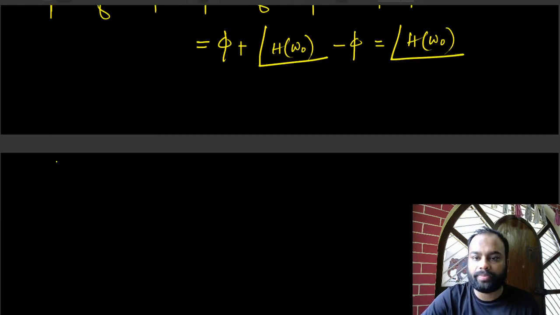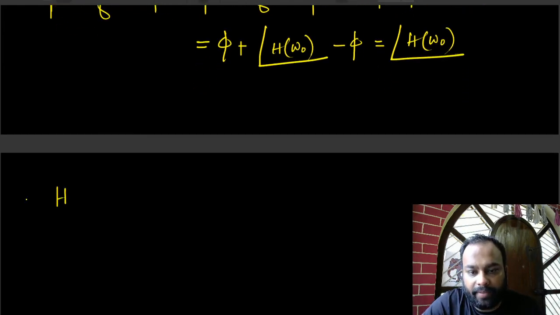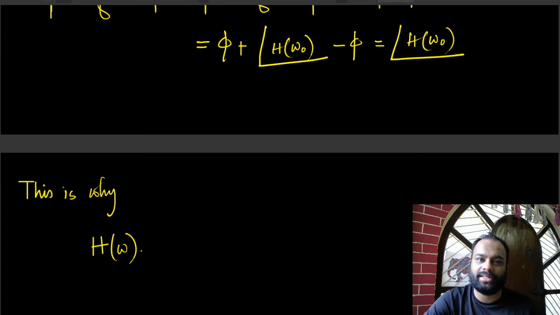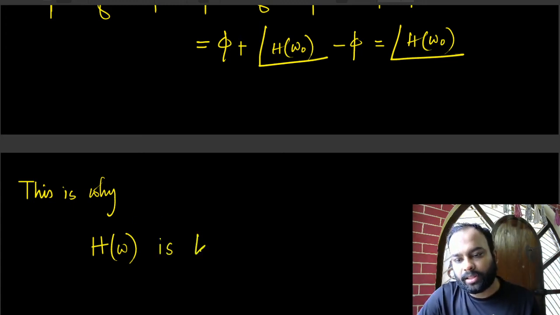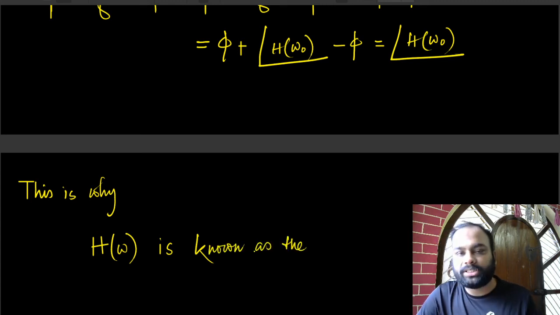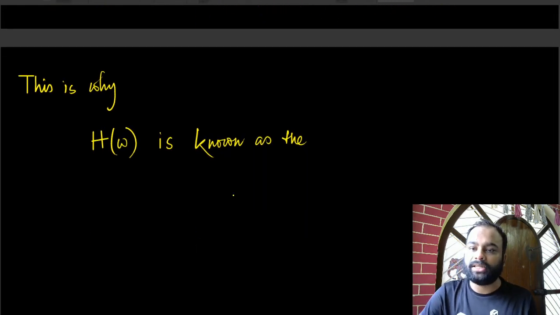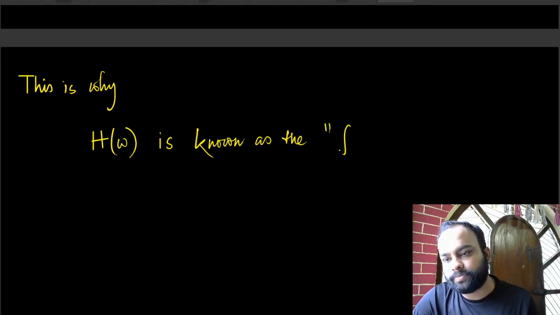That is why h omega naught, rather h omega, is known not just as the Fourier transform of the impulse response, but also as the frequency response.